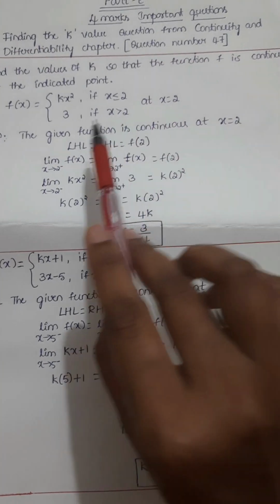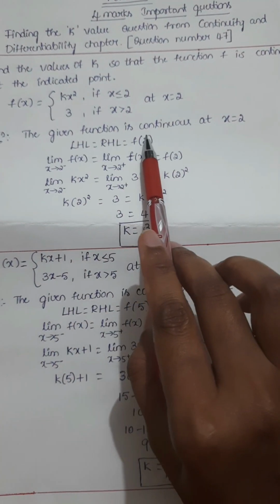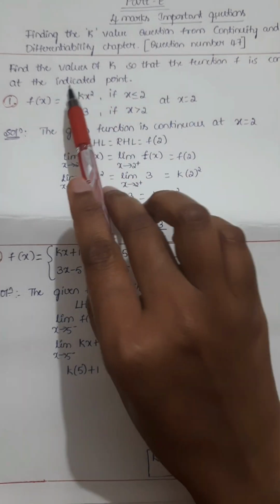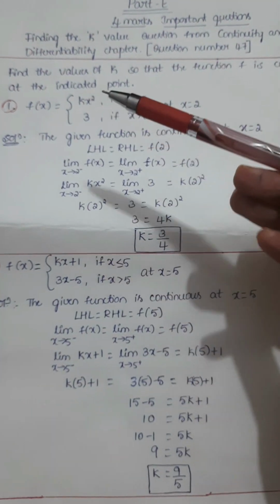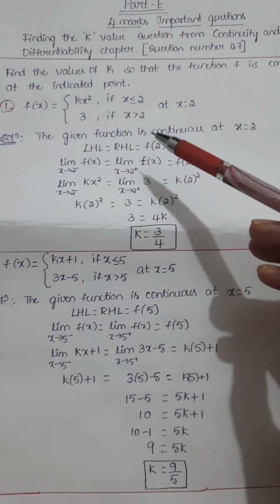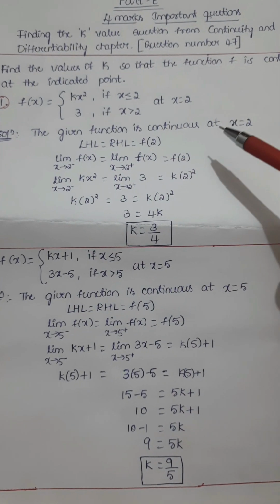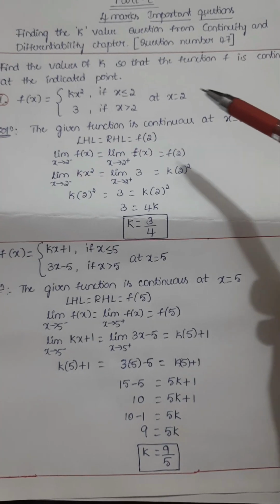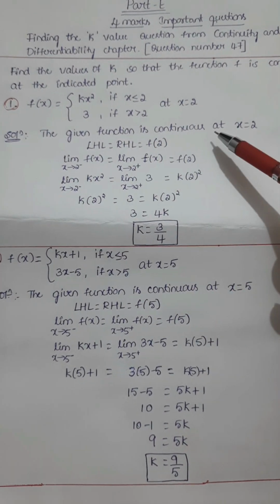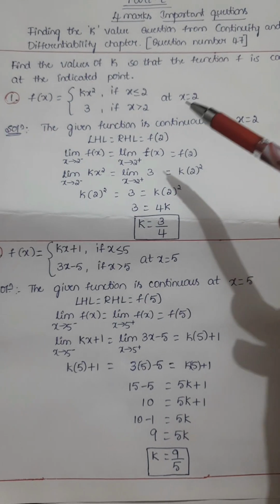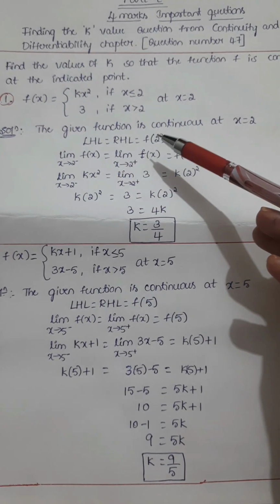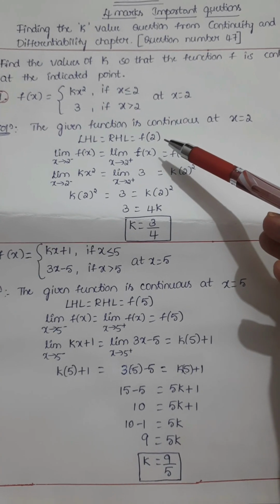First you have to write that the given function is continuous at x is equal to 2. In the question itself they have given that the function is continuous. Next step, it is a very important step. If the function is continuous at any point, the condition is LHL is equal to RHL is equal to f of 2.